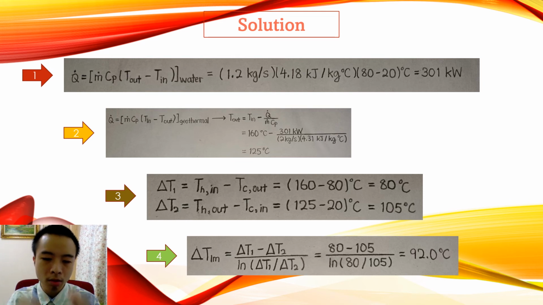So the answer should be 105 degrees Celsius. And after the values of delta T1 and delta T2 are found, we can calculate the LMTD. For example, delta T_LM equals delta T1 minus delta T2 divided by ln of delta T1 over delta T2. So the answer is 92 degrees Celsius.